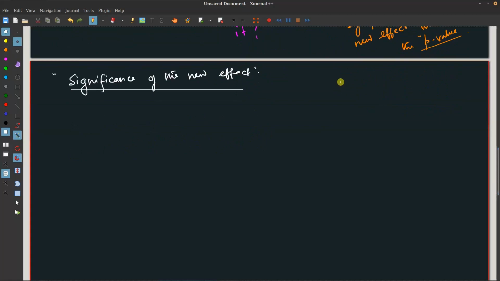Suppose this is my Z and this is my phi Z. And the unit Gaussian will look like this.